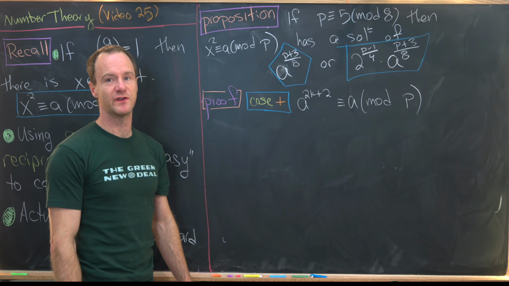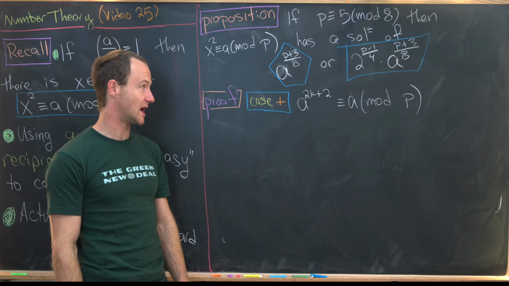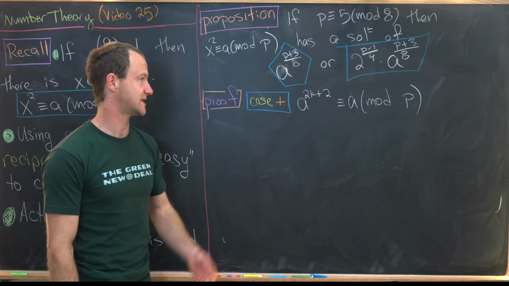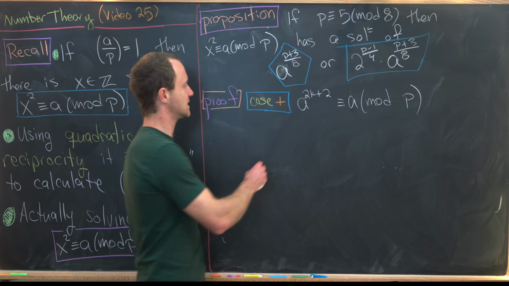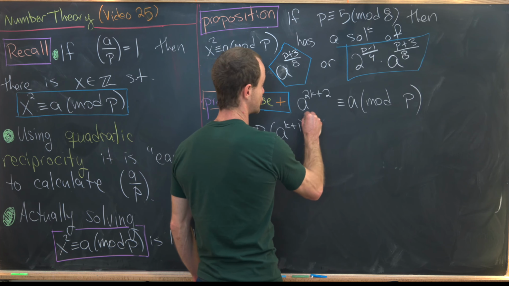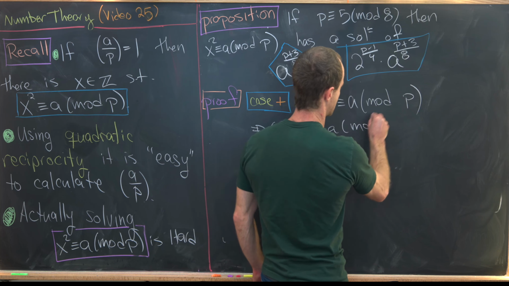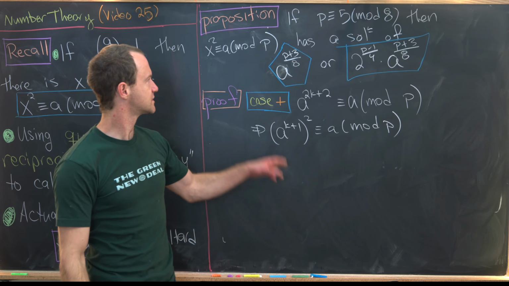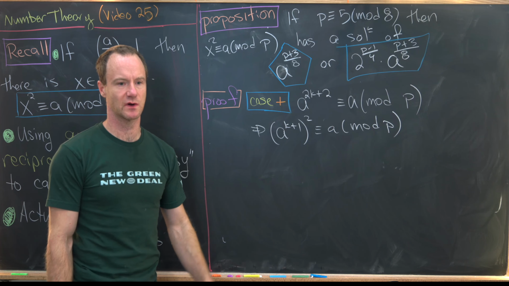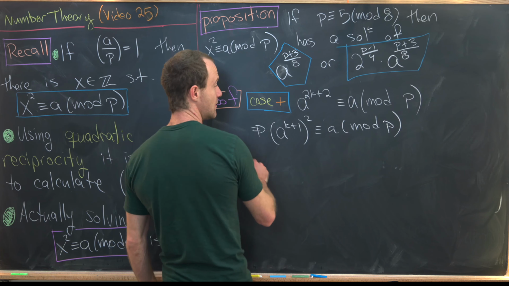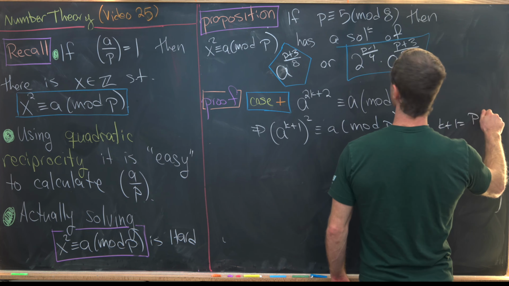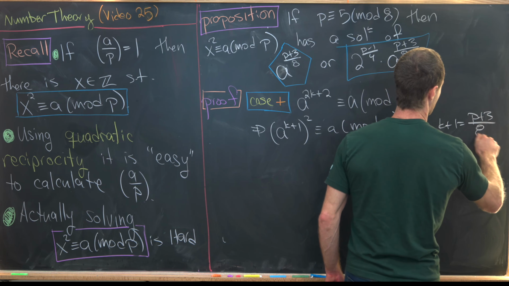So in the last board, we ended up with two cases. Let's start with this positive case. In other words, we have a^(2k+2) is congruent to plus a mod p. But let's notice that that means that (a^(k+1))^2 is congruent to a modulo p. Well, so we've got a solution to this congruence where x is equal to a^(k+1). May not seem like we've solved it yet, but we can easily calculate that k+1 is equal to (p+3)/8.